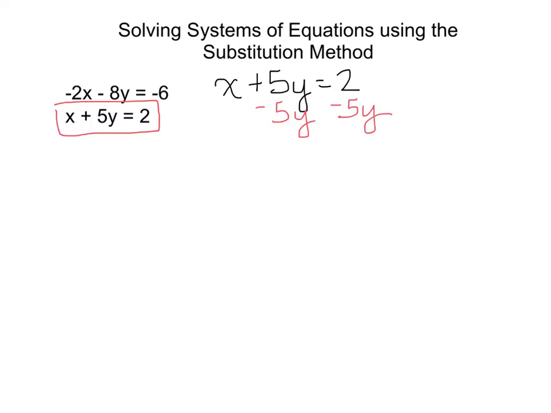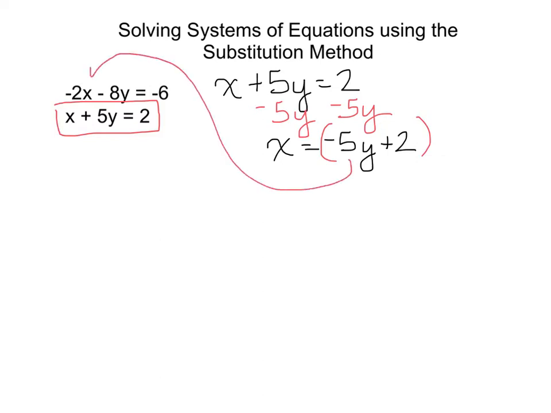We now have an equation that reads x is equal to negative 5y plus 2. We know that the expression negative 5y plus 2 can now be substituted back into our first equation for x.